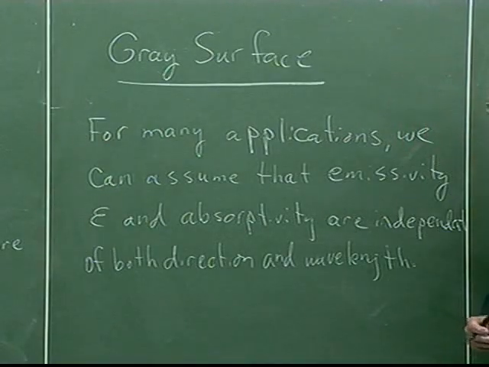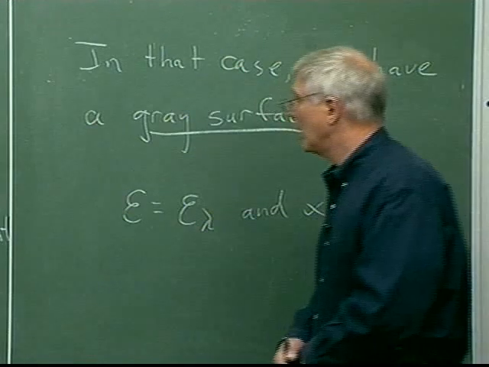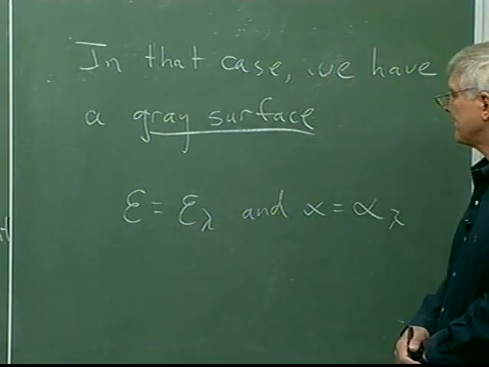Now for many applications, what we've been saying all along is that the emissivity and the absorptivity are a function of wavelength. Well, with a gray surface, for many applications, we can assume that the emissivity and the absorptivity are independent of both direction and wavelength. It just turns out to be that way. And in that case, we have what is called a gray surface.